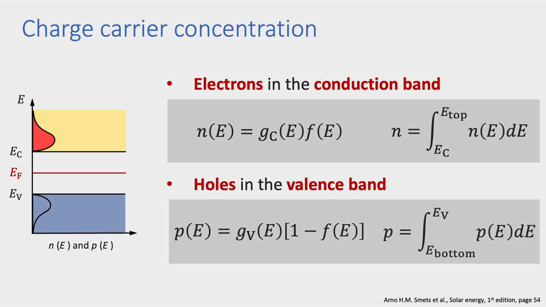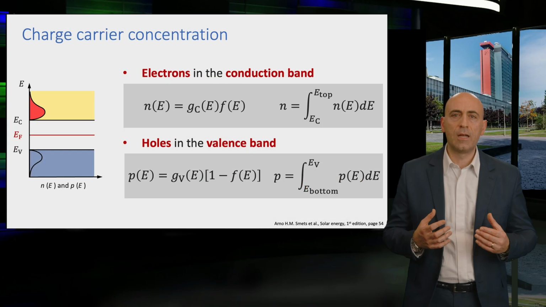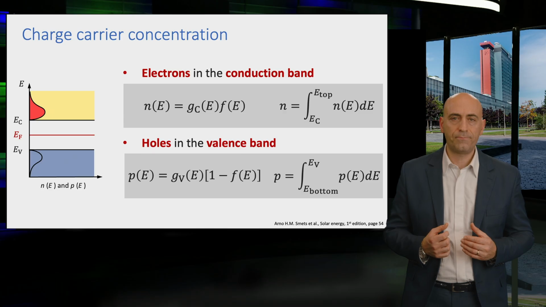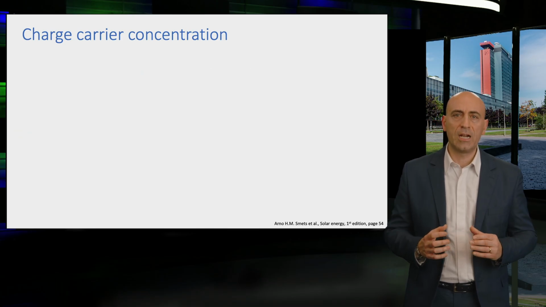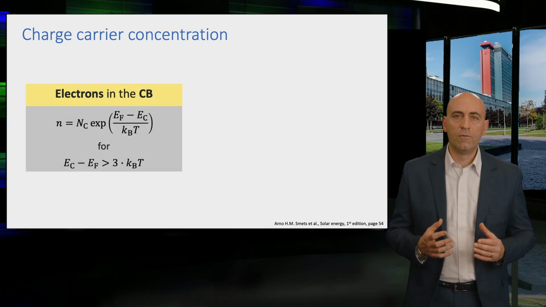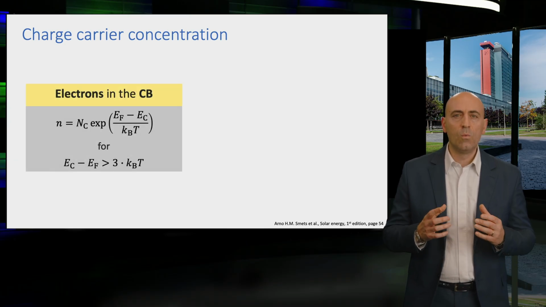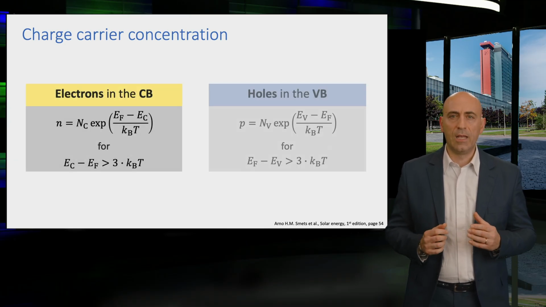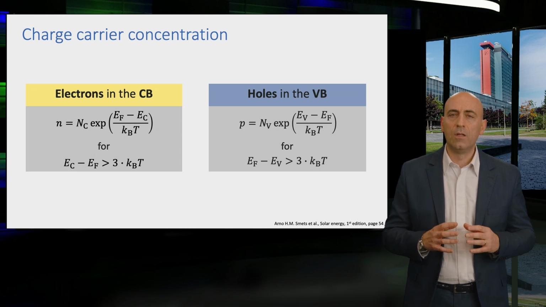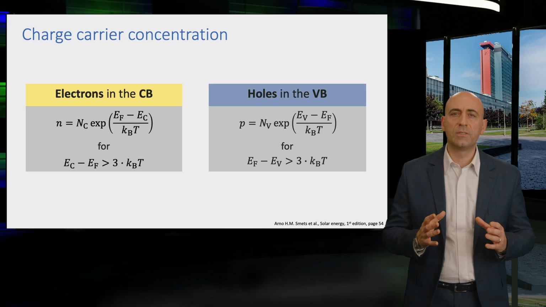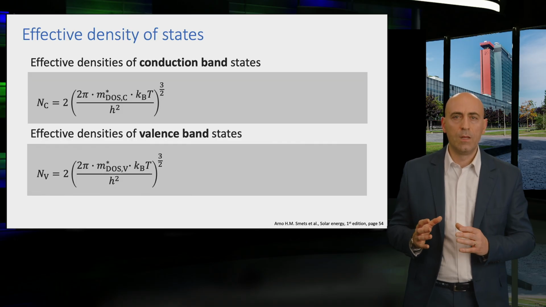Again, we can integrate this product to obtain the total number of holes in the valence band. If we use the Boltzmann approximation, we can calculate these concentrations. For electrons in the conduction band, we get this expression, and for holes in the valence band, we get this other expression. The full derivation of these equations can be found in the textbook.